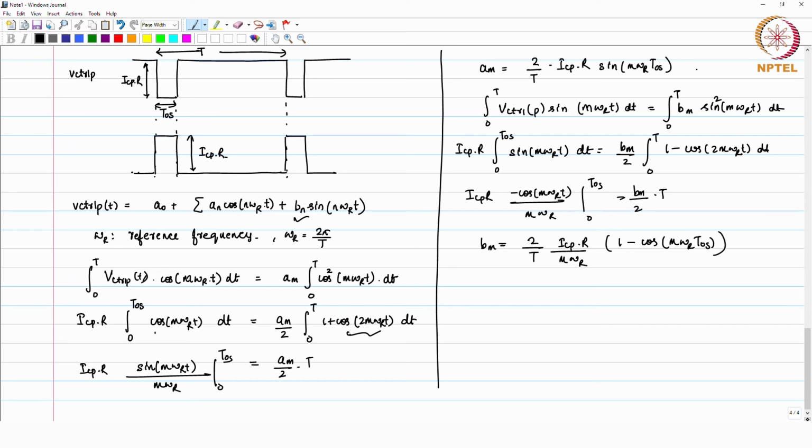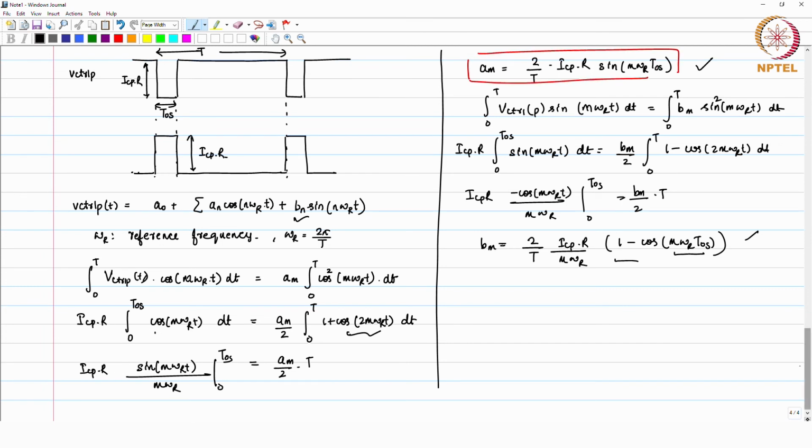You see these two components. The thing is that your t offset is quite small, and when t offset is quite small, cosine of the small value is equal to cosine of 0, which is equal to 1. So, the b m component will be more or less equal to 0. We will focus on the other component only.